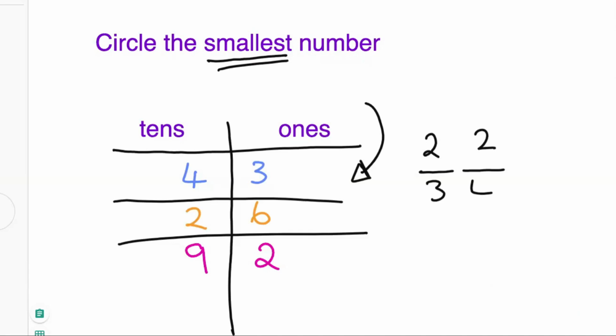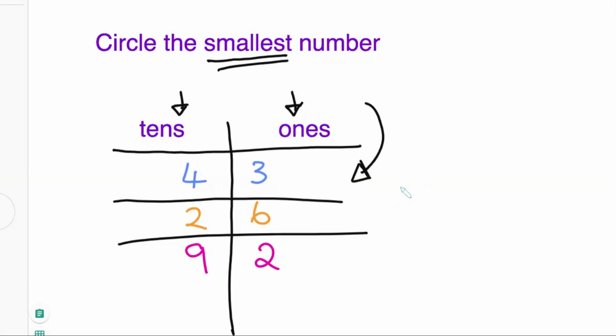What's the first number that we look at to identify whether it's a larger or the largest number or the smallest number? Do we look at the number in the tens grid, or do we look at the number in the ones grid to identify how large this number is?